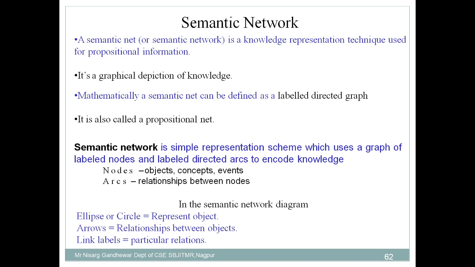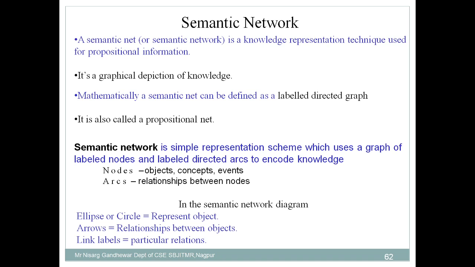Semantic network is also a knowledge representation technique, but it is a graph, meaning if you want to represent knowledge graphically, then we have to make use of semantic network. It is used for graphical representation of knowledge.